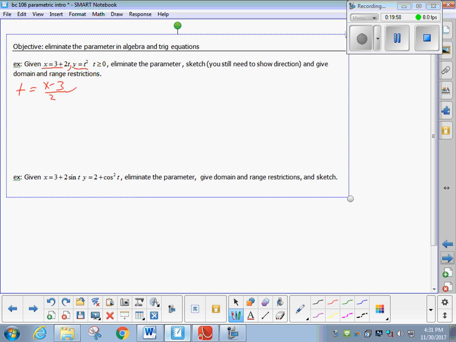If I then put that into the y equation, y equals x minus 3 over 2 all squared. You could also say 1/4 times the quantity x minus 3 squared. It says sketch it, so I'm going to sketch this. This is a parabola shifted 3 to the right. And normally I would say this is a y parabola, looks like that, and I'd call it good.